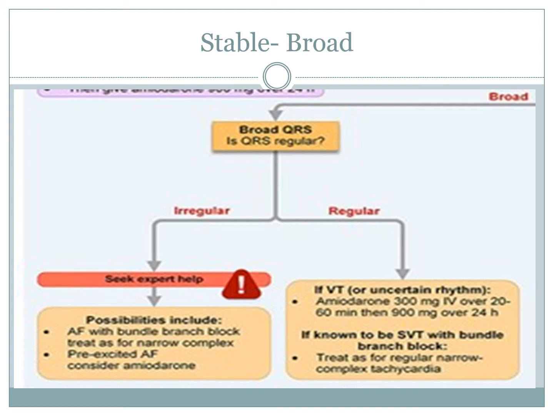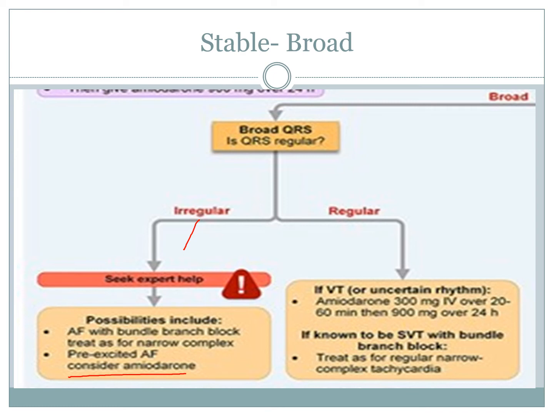Now, if the person has a history of SVT and a history of bundle branch blocks, then you move over and treat it as though it was a regular narrow rhythm. So just to recap our broads, if it's irregular, then you consider amiodarone for long-term pre-existing AF, and magnesium for Torsades de pointes.